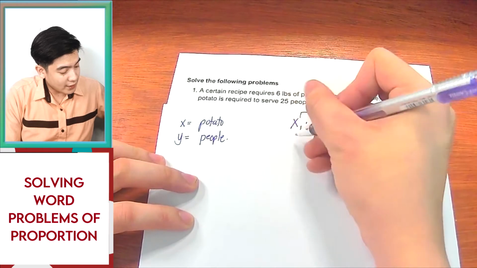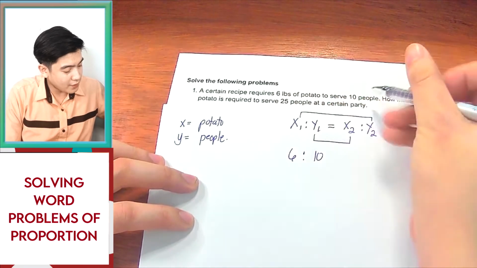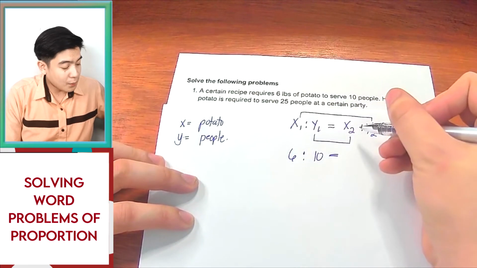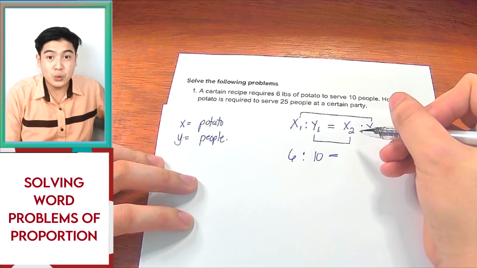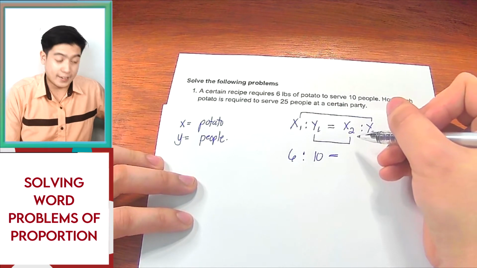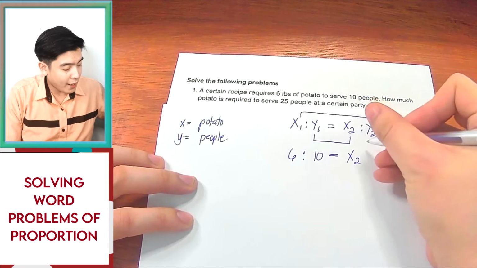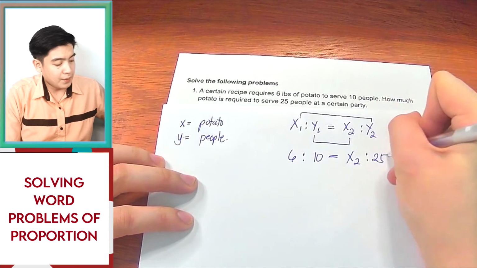Which is 6 is to 10. Is equal to, the missing value is x sub 2, kasi wala tayo nung isa pang value ng potato. So x sub 2 is to 25 people.